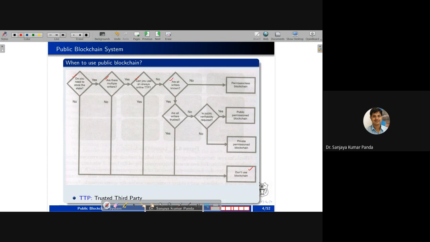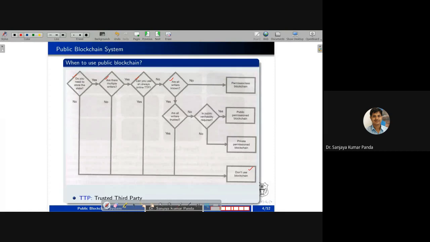Now the fourth question is, are all writers known? Like I told you, multiple people are doing transactions, right? If all writers are known, those people who are altering or updating the transaction, altering is not a correct word in the case of blockchain, but those who want to append a transaction, those who want to update the transaction, they are known to you. If your answer is yes, again you are heading towards something that is not a blockchain.